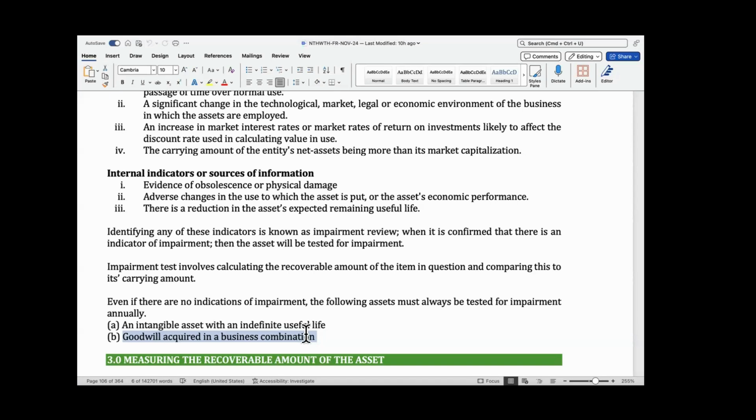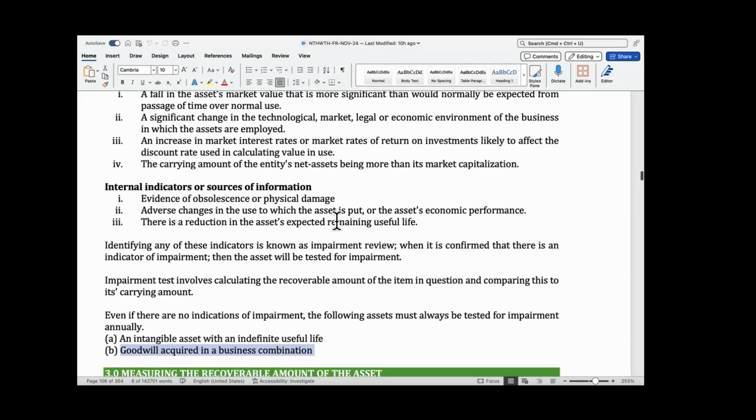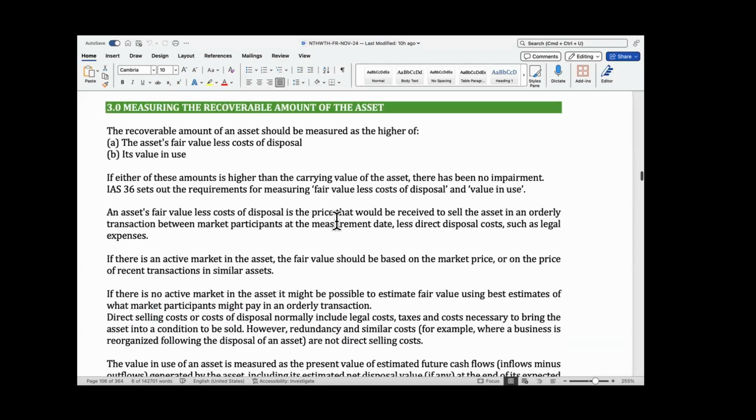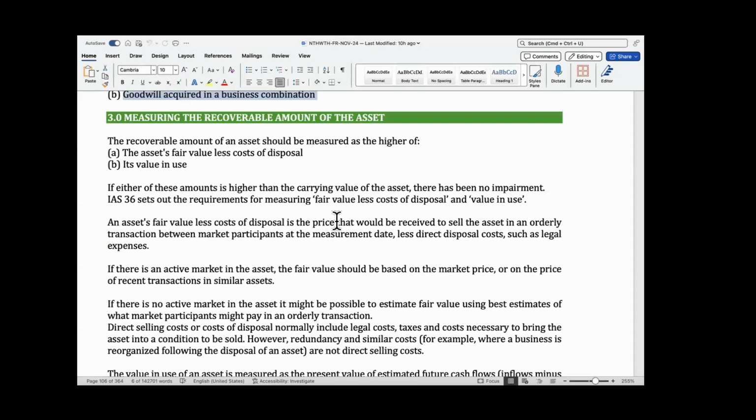Okay. Now, we have dealt with indicators. Now, let's go to measurement of recoverable amount. I cannot overemphasize this. I already told you what it is, so I will just move to the next one.